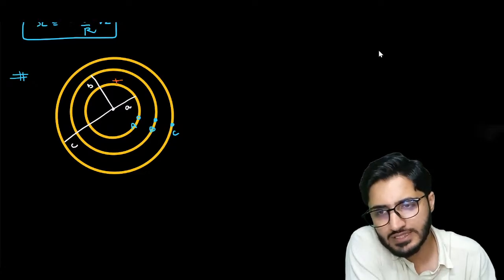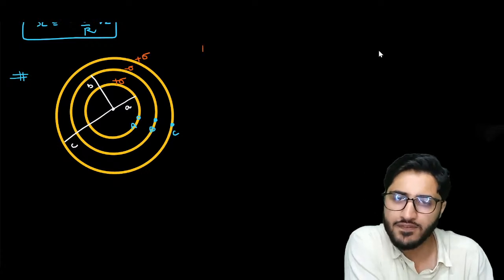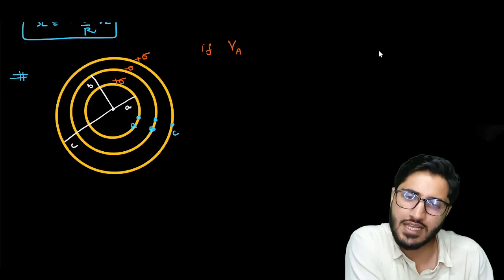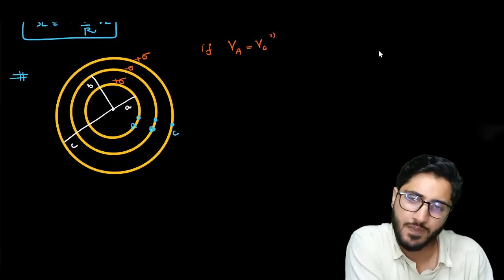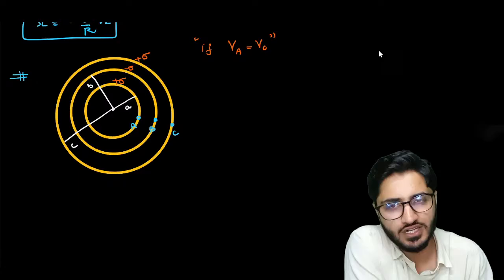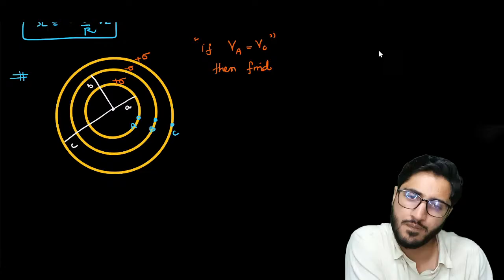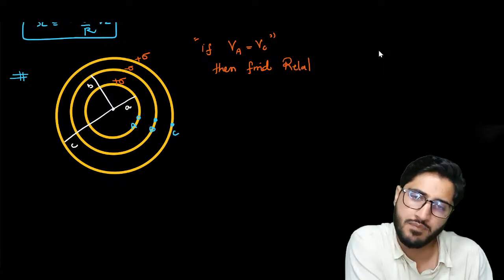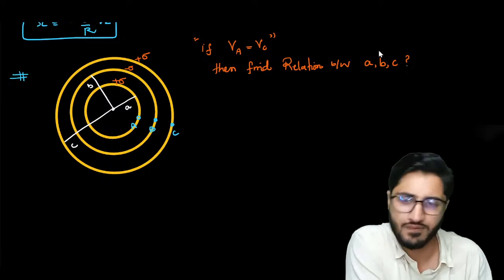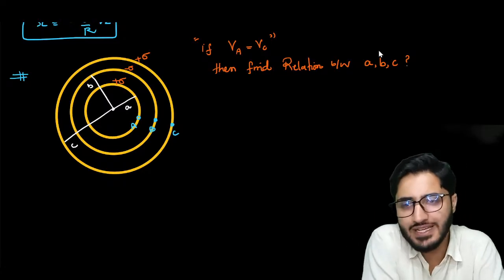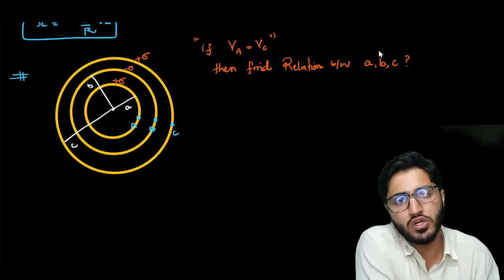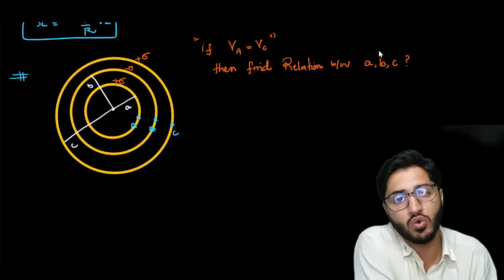The surface charge densities are plus sigma, minus sigma, plus sigma. If the potential at A is equal to the potential at C, then find the relation between A, B, C. Do you know what is sigma here?